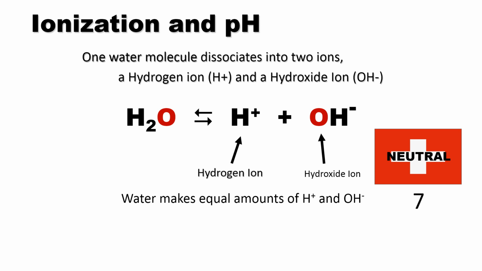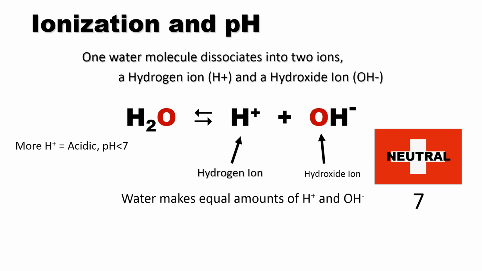Anything that throws off that balance of H's to OH's is not going to be neutral. If it's something that contributes more hydrogen ions than hydroxide ions, or at least yields more hydrogen ions, that solution is considered acidic and has a pH that's less than 7.